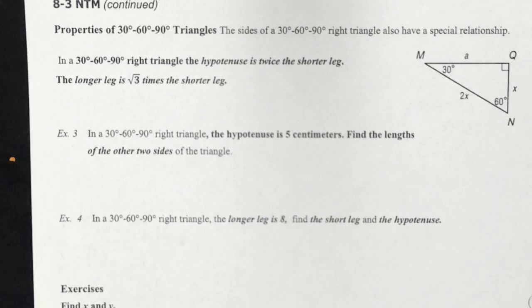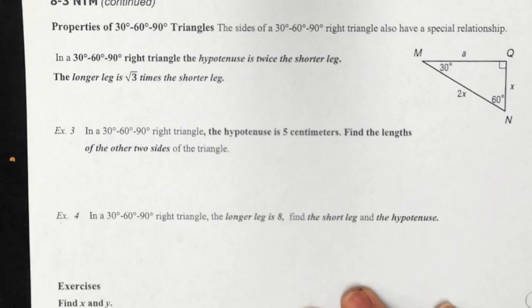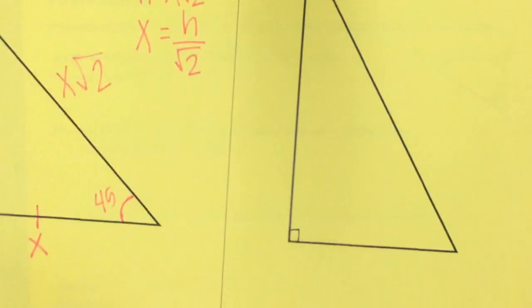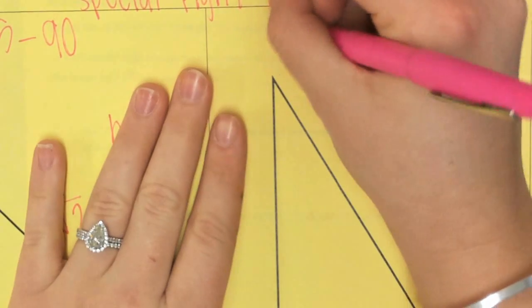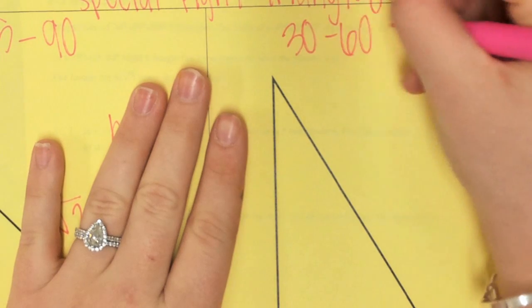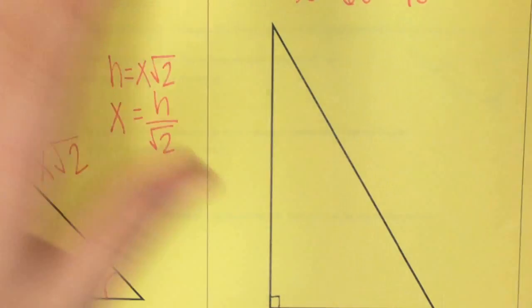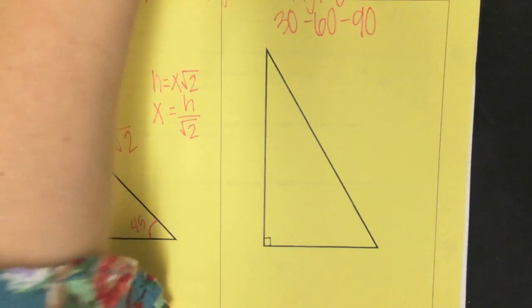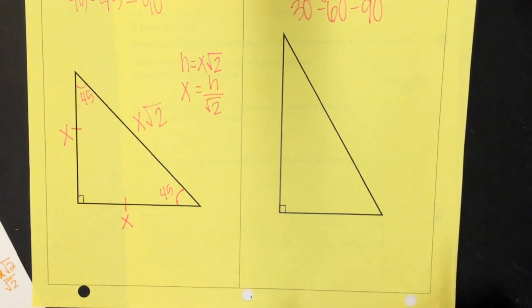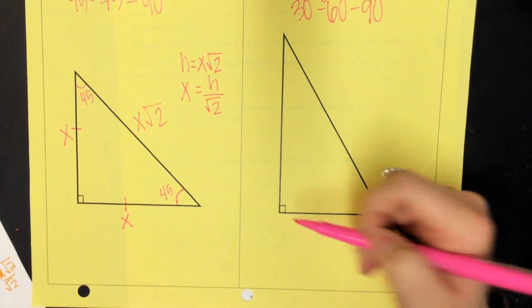All right, next one's called a 30, 60, 90. That's the second half of your page. So go ahead and list 30, 60, 90. I know one angle's 90. I know this one's 90 because I already labeled it.